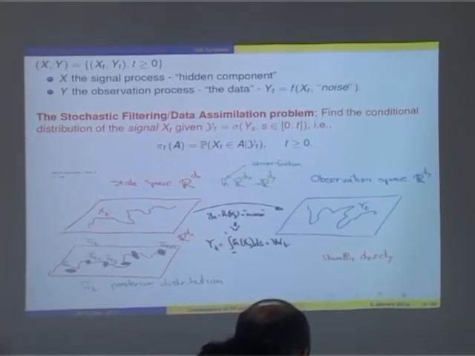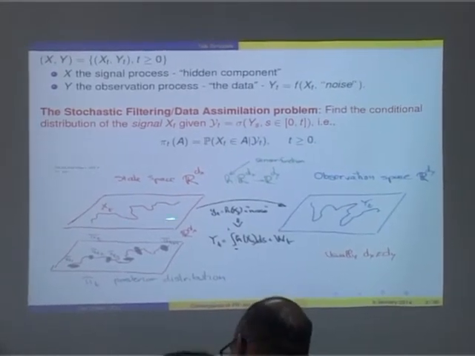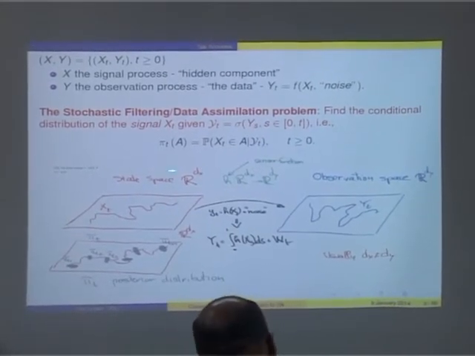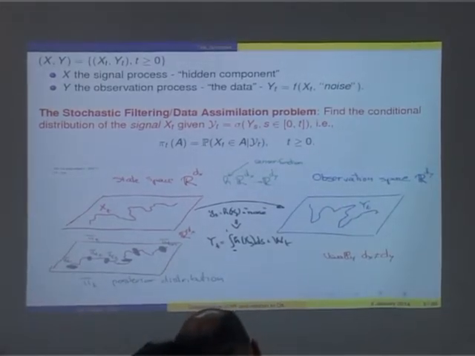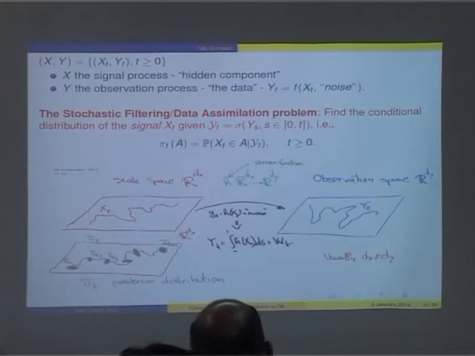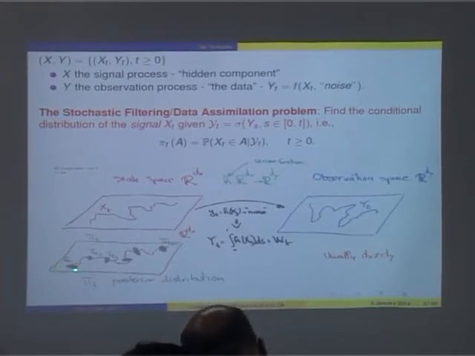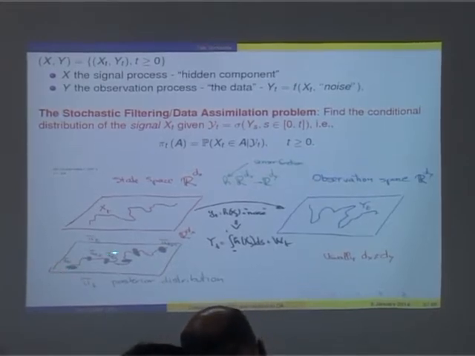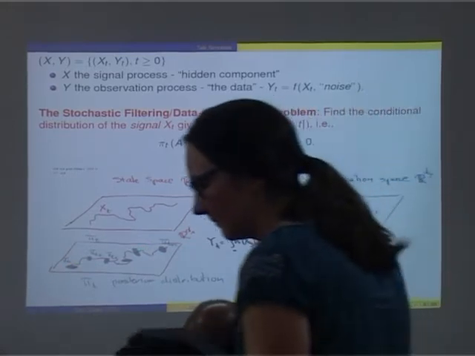And I gave you these pictures, which basically show the whole picture. I have the signal in the state space R^dx. I have an observation process in another state space R^dy. Y, the observation, is going to be a function of the signal plus noise, and I make it specific on the next page what the noise is. And we are interested in computing this random distribution, which depends on the observation.